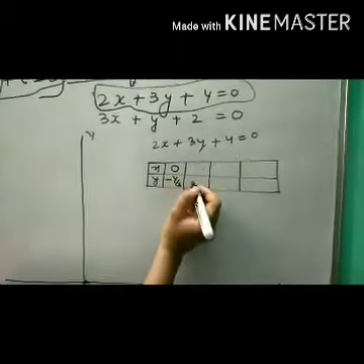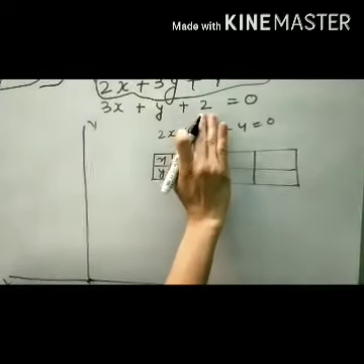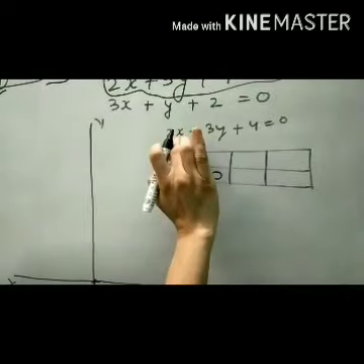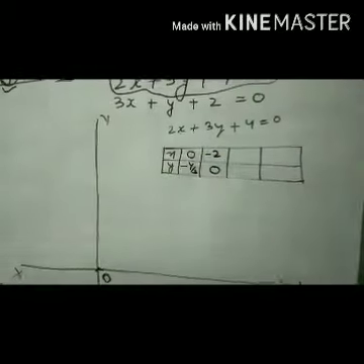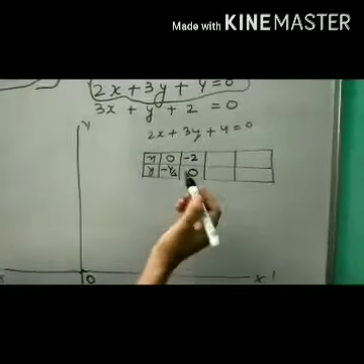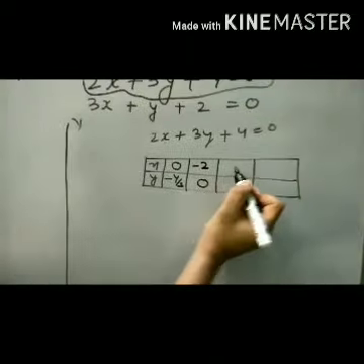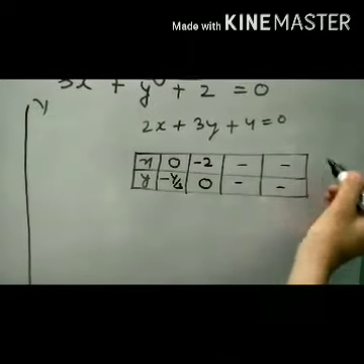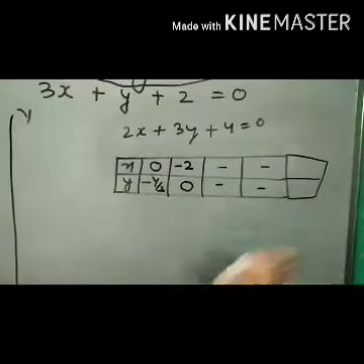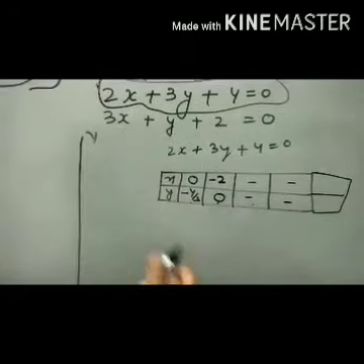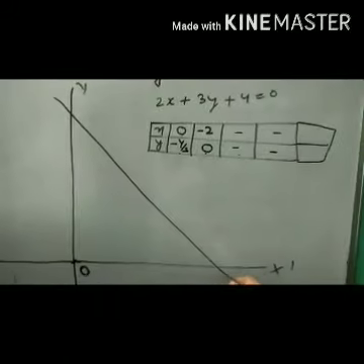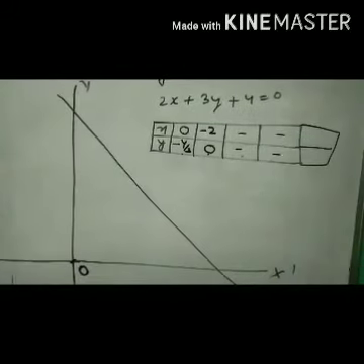If we put y is equal to 0, the value of x we will get is minus 2. Similarly, we can find out the values of x and y as follows. Now what will we do? We will plot these points on this graph and make a straight line.